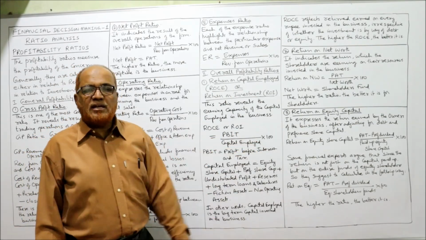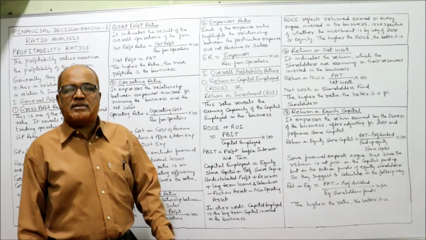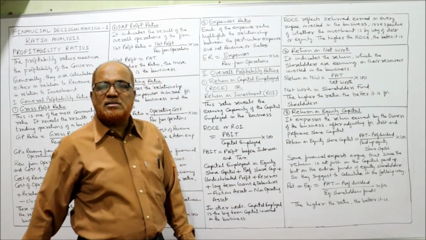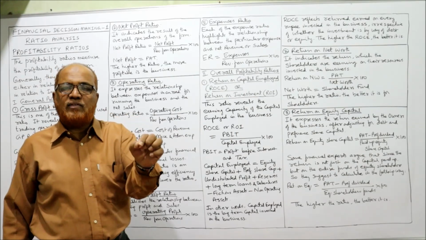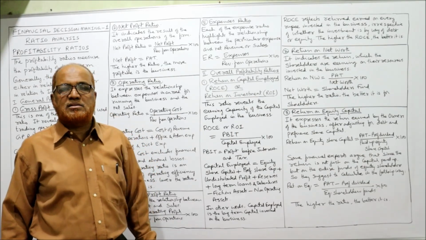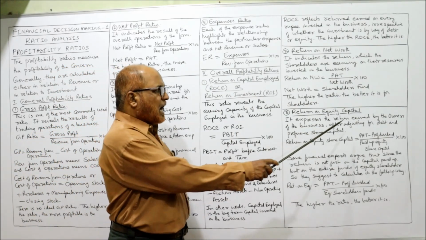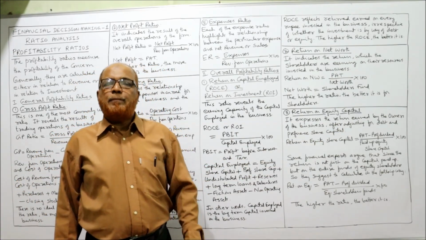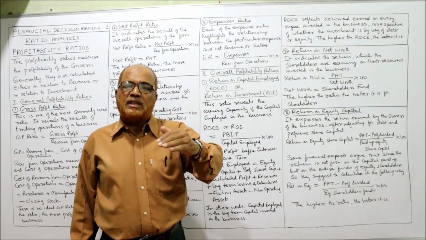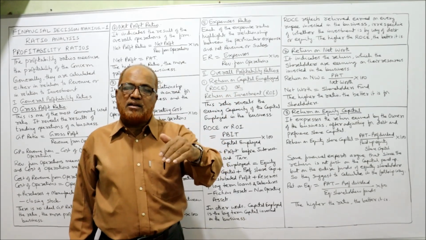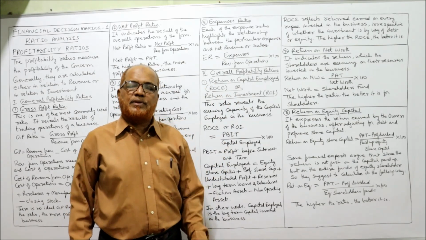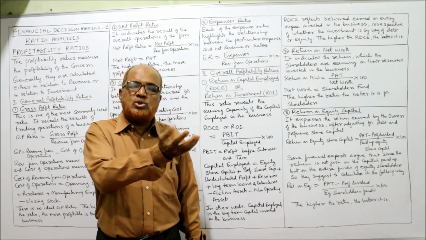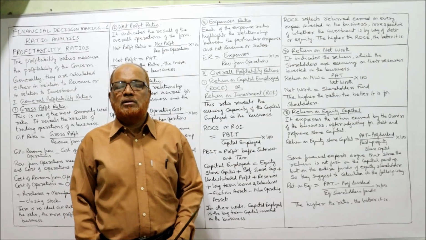Next is return on equity capital. It expresses the return earned by the owners. The real owners of the business are equity holders, after adjusting for debt and preferential capital. That means after paying off the return on debt and return on preference capital, whatever remaining return is there belongs to equity shareholders.